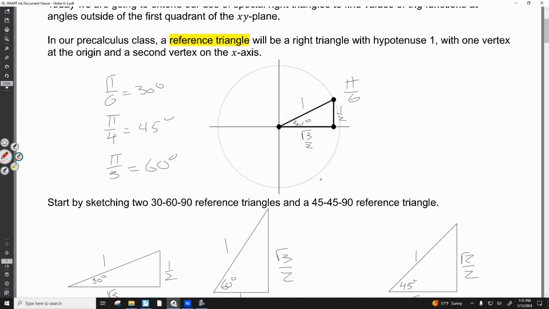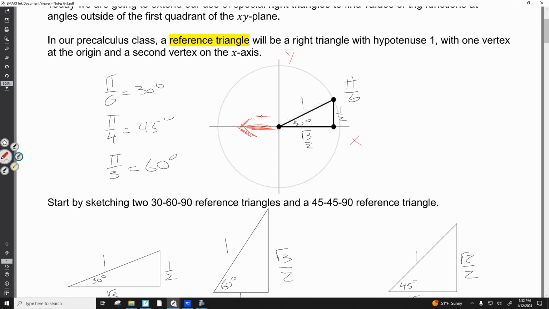What do I mean by that? This is an x-axis and this is a y-axis. It may seem odd, but we're going to go with it. If you're moving to the left on the x-axis, you're going to consider length to be negative on triangles.